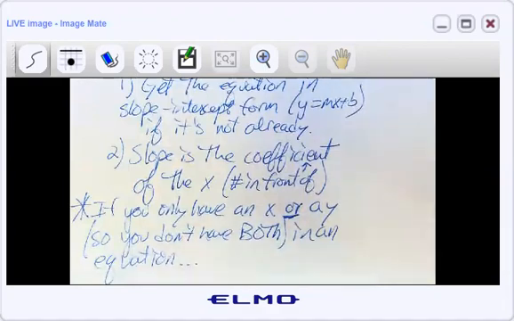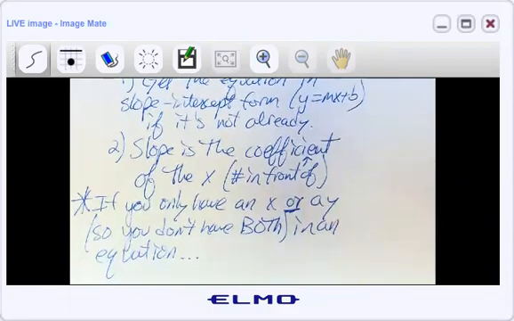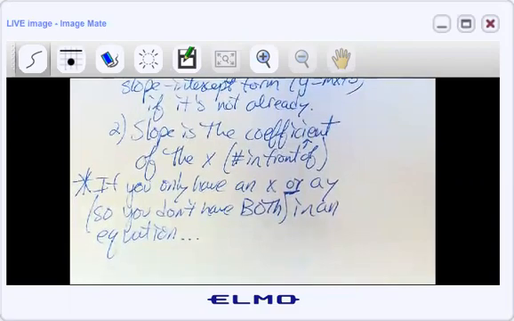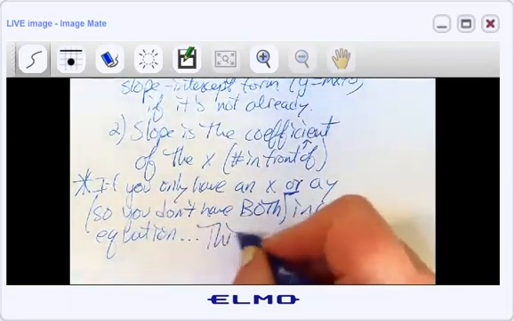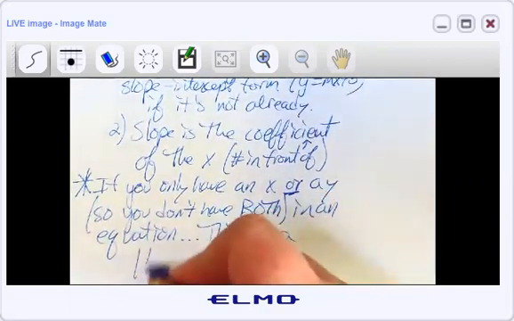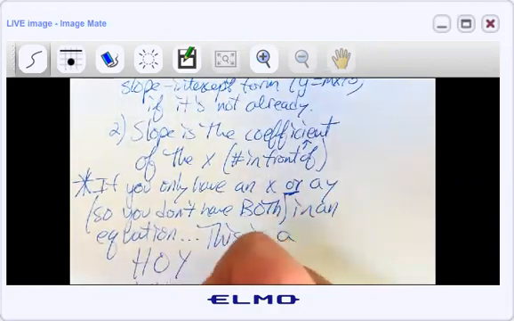How are you going to make it look like y equals mx plus b when you don't have both an x and a y, right? So what does that mean if you only have x or you only have y? That is your Hoy-Vux red flag. This is a Hoy-Vux situation.